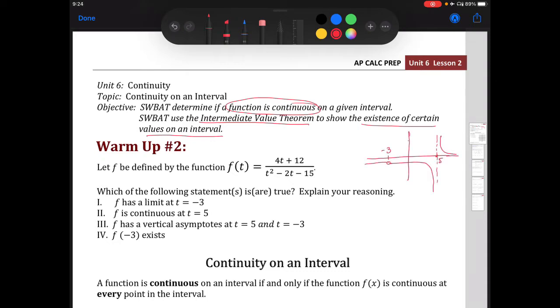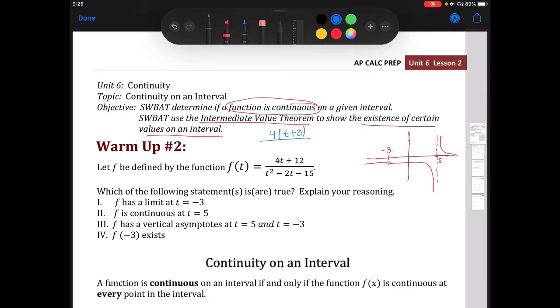I sketched the function on the right and let's answer these questions. It says let f be defined by the function. Which of the following statements are true? Explain your reasoning. Before I even start that, let's simplify this further. In the numerator, I can factor out the 4 and I'll be left with t plus 3.